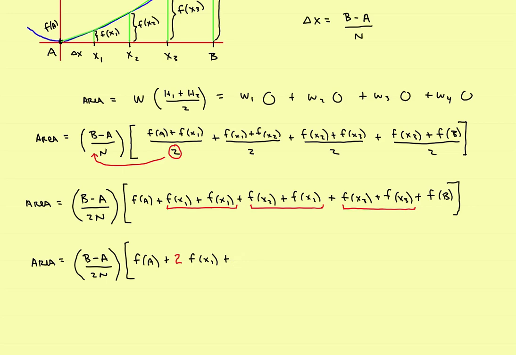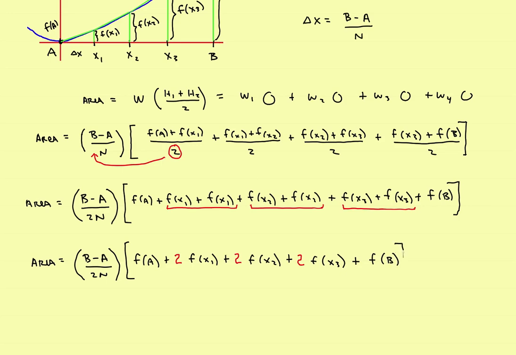Plus, again, twice f at x2. So you've got a 2 here. Then plus, and again, twice f at x3. We'll put those 2's in red just so they stand out. So this is going to be f at x3. And then finally, the last one is just all by itself, so f at b.